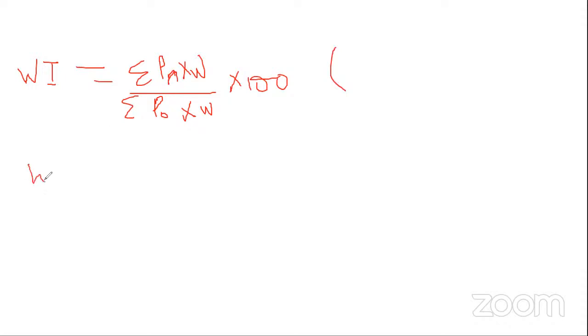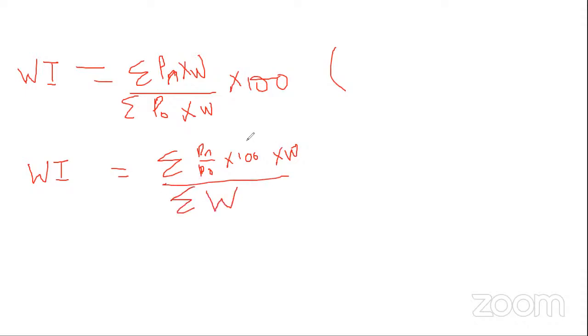Then we can also be given price relatives. So when we are given price relatives, we find summation of Pn over P naught times 100, then times W. Then after this, we divide by summation of W. So this one here stands for the price relative.